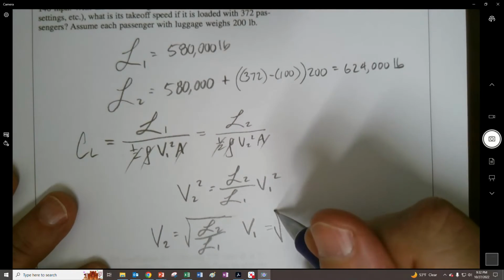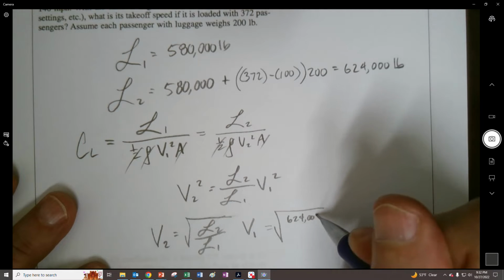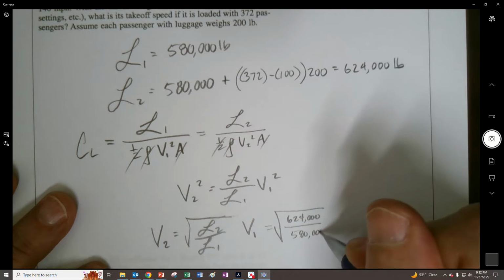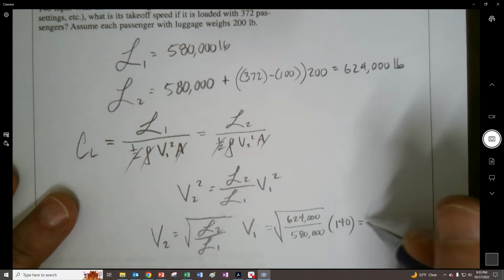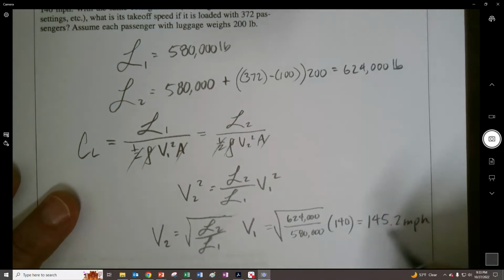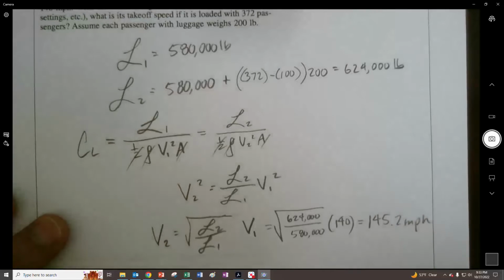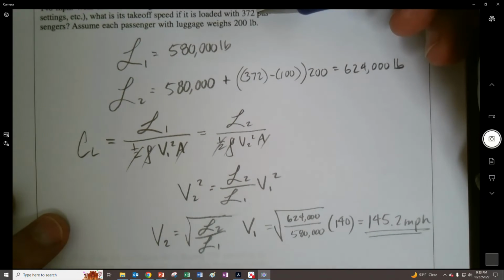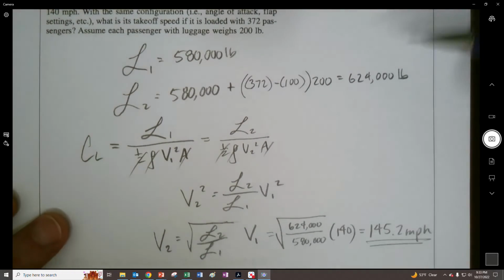So we'll take the square root of our 624,000 and our 580,000 times 140, and we find that we get 145.2 miles per hour. So we had to increase our speed by about 5.2 miles per hour because of the additional 272 passengers.